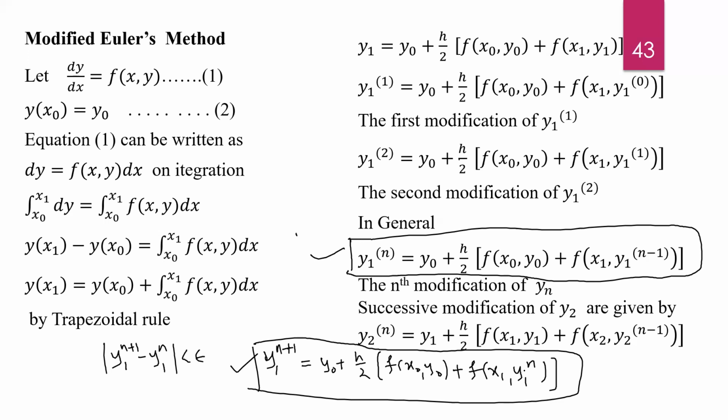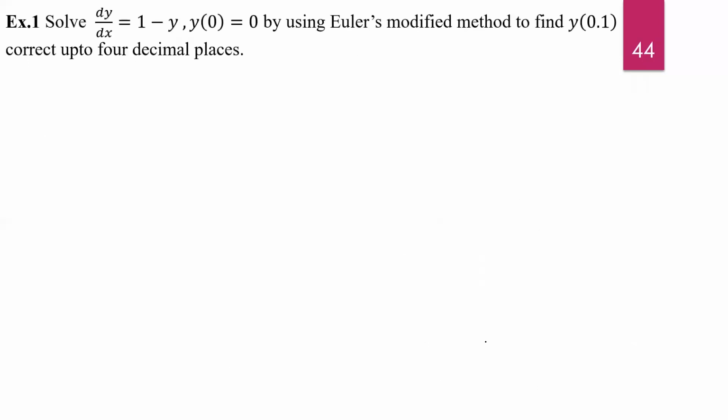So as far as the requirement of the formula is concerned, we calculate the function at x naught, y naught. We identify y naught, h, and then we proceed. Now let dy by dx is equal to 1 minus y.